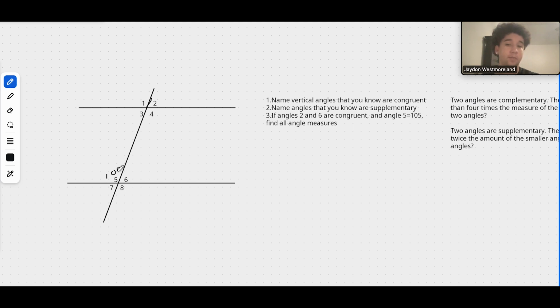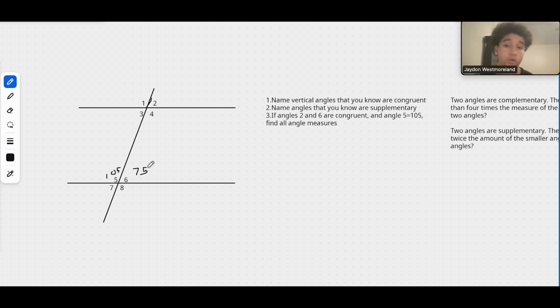Well, this is kind of like the fun part. We're going to basically use our rules to plug in all of these, and I'll go through each rule in general. So angle 5 and 6 are supplementary. That means angle 5 plus angle 6 must equal 180. So in that case, if angle 5 is 105, that means this angle right here has to be 75, because 75 plus 105 is 180, right?